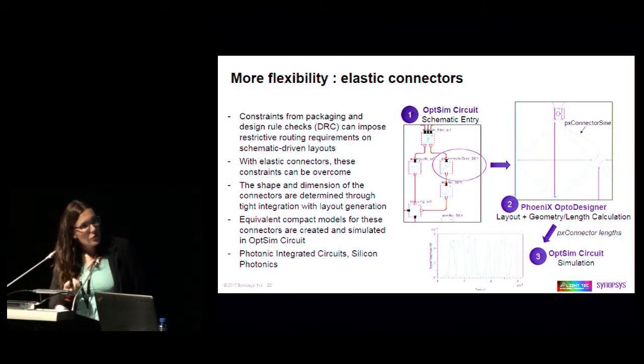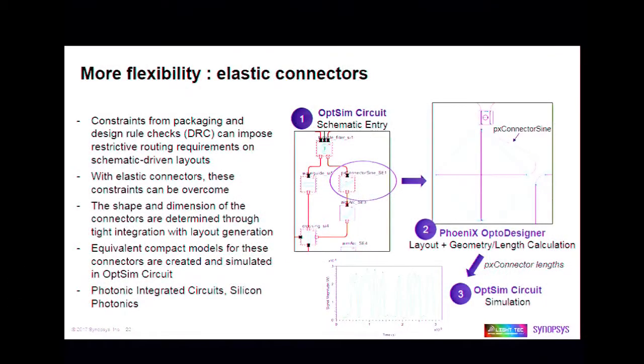I also wanted to underline one aspect to give more flexibility to the designer. When you are designing your PIC at the schematic level, from time to time, you don't know exactly the right position of the different components that you will have on your mask. And you don't know exactly the rules that the mask layout generator will follow for your component.